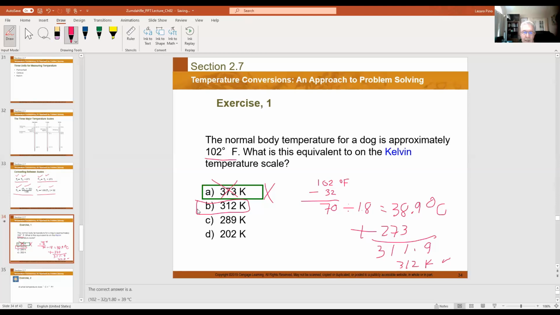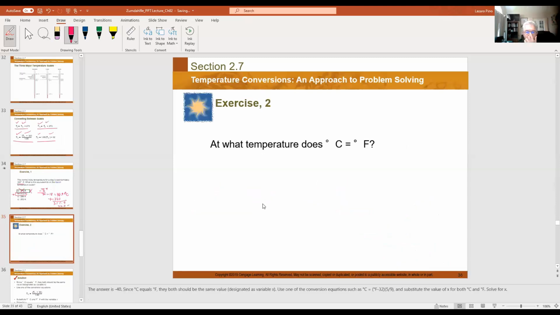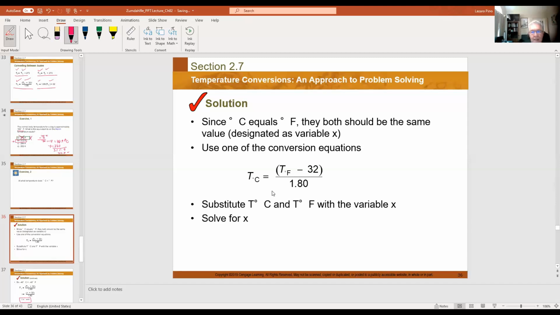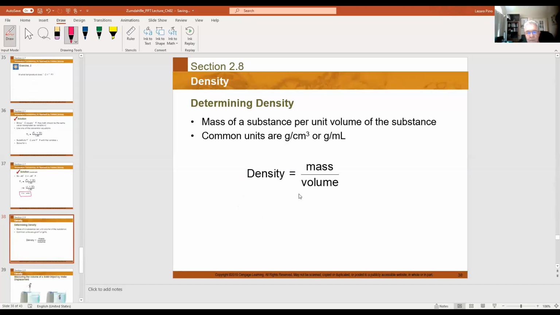And the answer is this one. This is the correct answer. Then you have here an exercise. You can take a look at this later, and you can answer this.